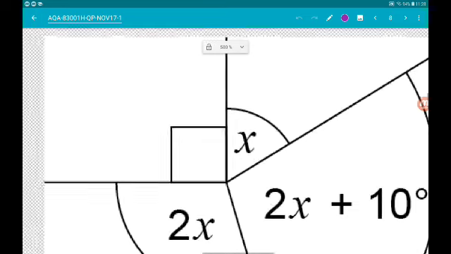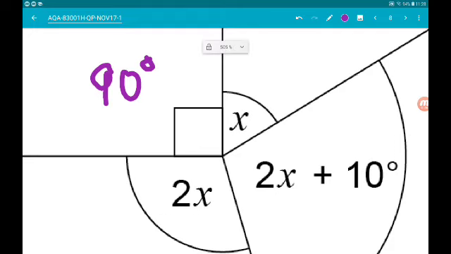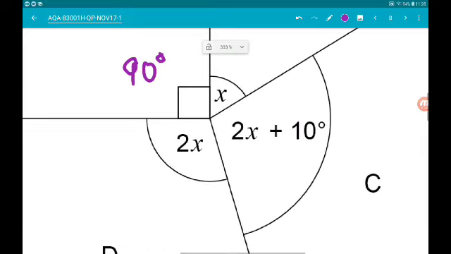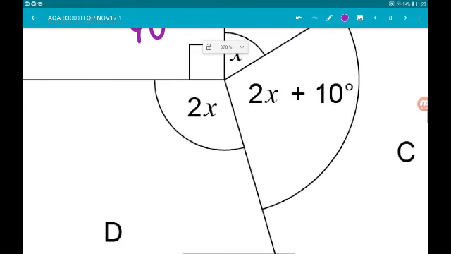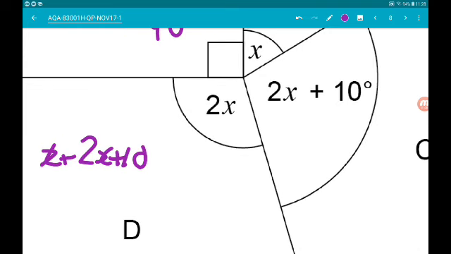Now we know that a right angle is 90 degrees. So we know the other three have to add up to 270. So we can say then that x add 2x add 10 add 2x is equal to 270.